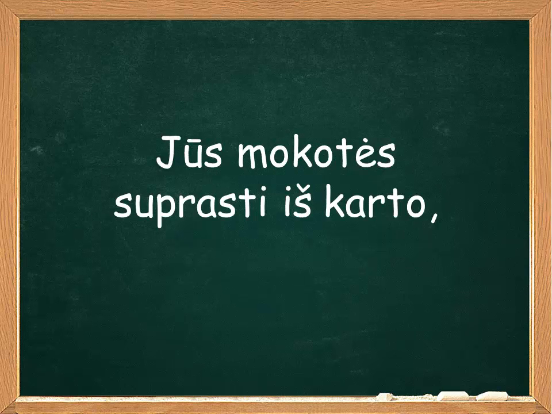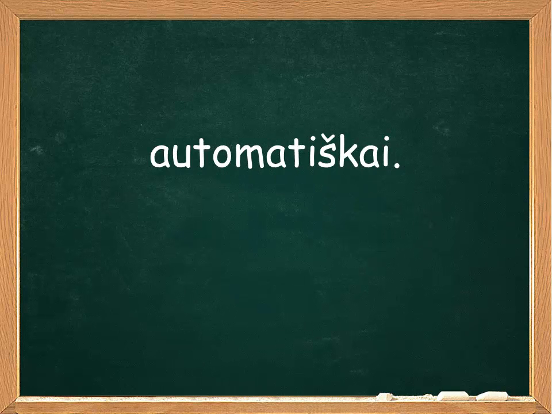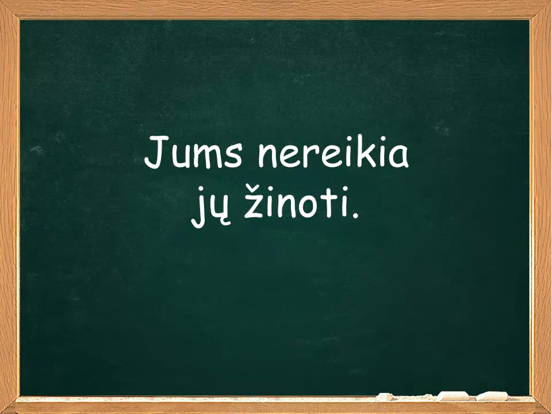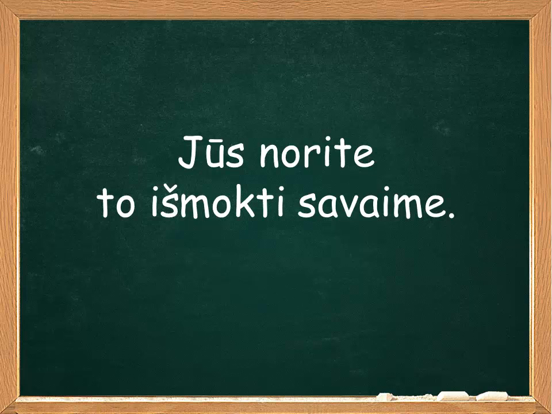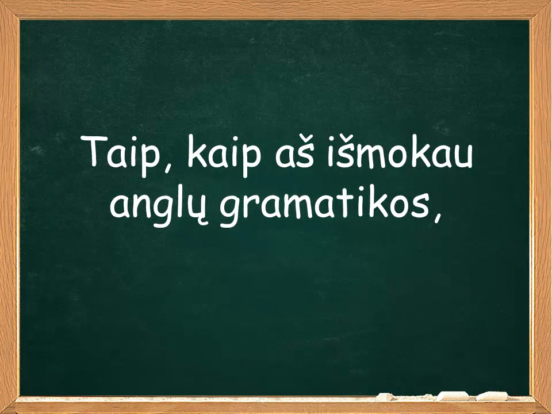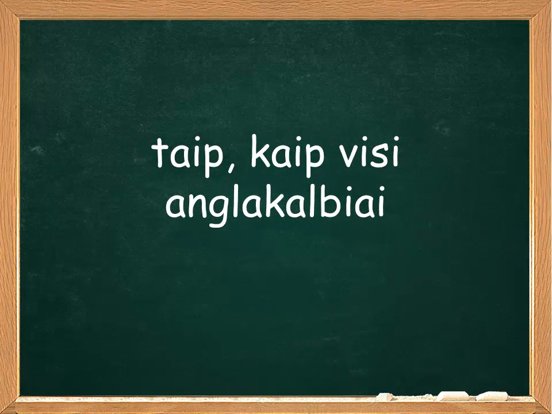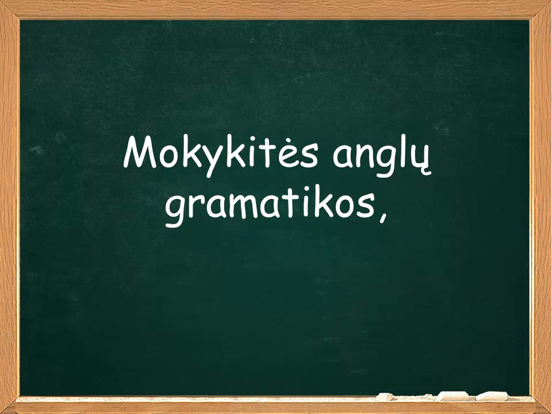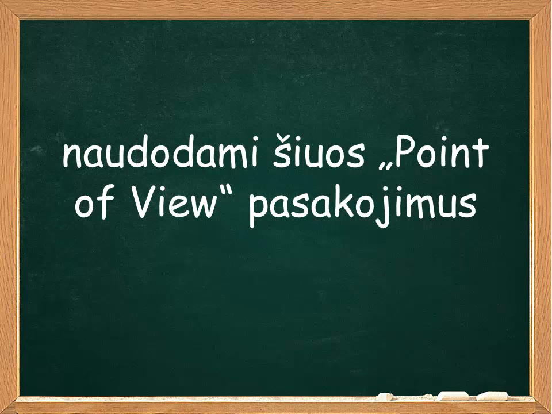You learn to understand it instantly, quickly, automatically. You don't need to think about a bunch of rules. Forget the rules. You don't need to know them. You want to learn it automatically, the same way I learned English grammar, the same way all native speakers learned English grammar. Learn English grammar using these point-of-view stories.